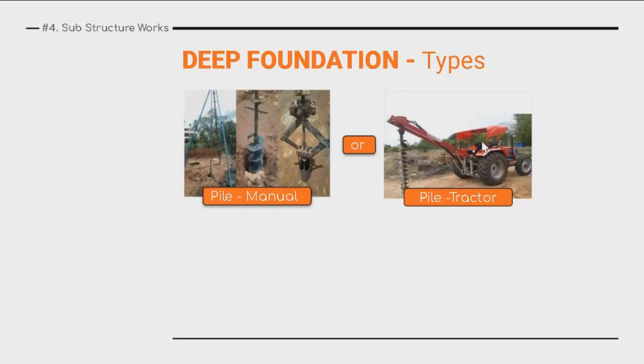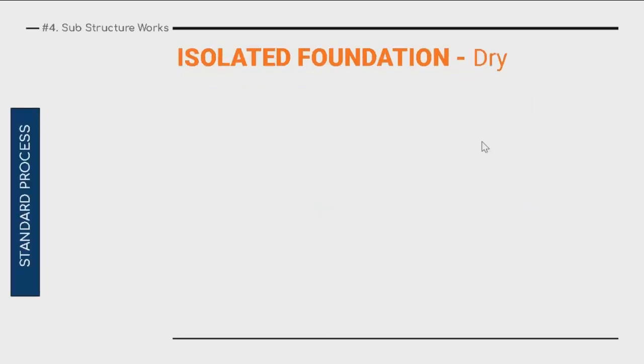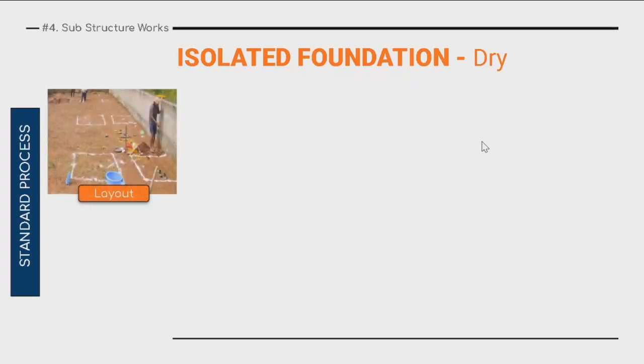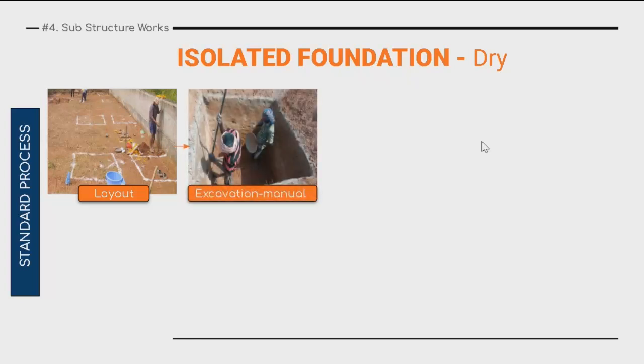Okay, so let's quickly understand the standard process of isolated foundation work in dry ideal condition, right? Number 1, as we have discussed before, first we have to conduct a layout. After doing the layout we need to start excavating manually using hand tools like shovels.